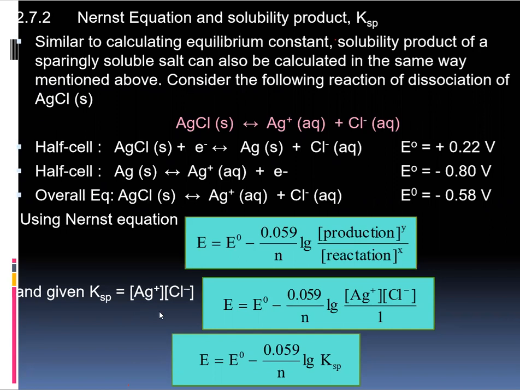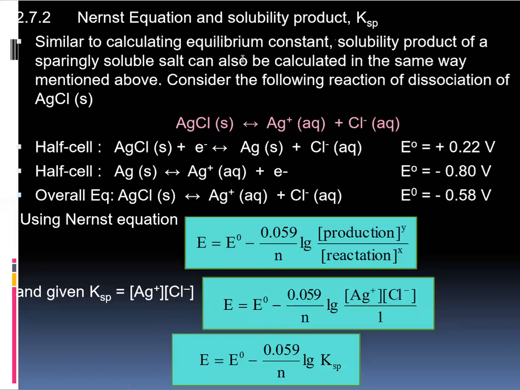So if you insert this into the equation, we are going to have E naught minus 0.059 over n log of this value, which is the same thing as your KSP, your solubility product. You can see we are not including the solid reactant at all when we are talking about the KSP. You will understand this better when we solve 1 or 2 examples.